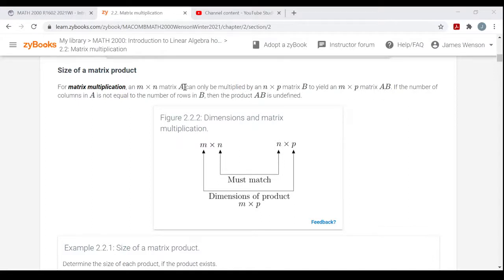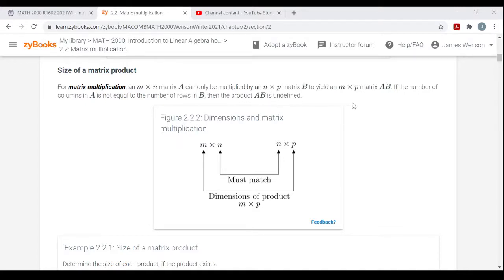If I do A times B, the number of columns of the left matrix has to be the same as the number of rows of the right matrix. So if the number of columns in A is not equal to the number of rows in B, then the product A times B is undefined.